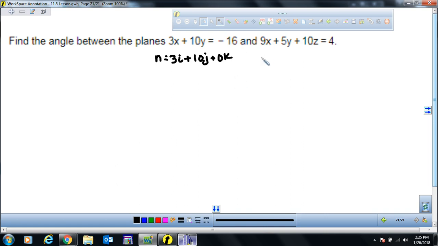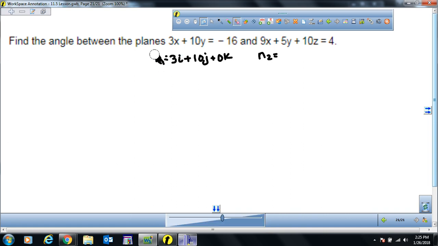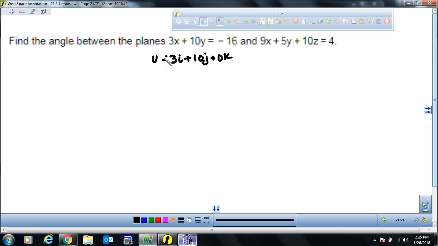Then we're going to get another vector. Just to use the same formula that we already know, I'm going to call them u and v. This is going to be vector u, and this is going to be vector v, which is 9i plus 5j plus 10k. And these two vectors are normal to these planes.